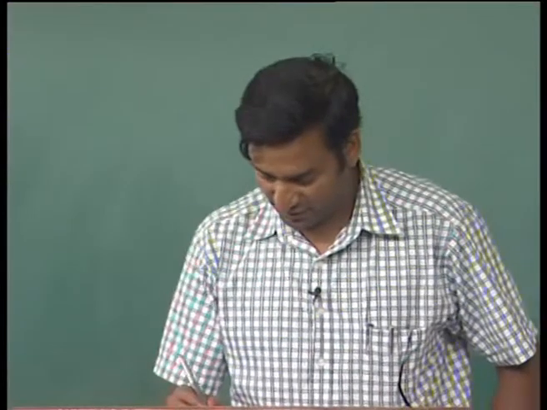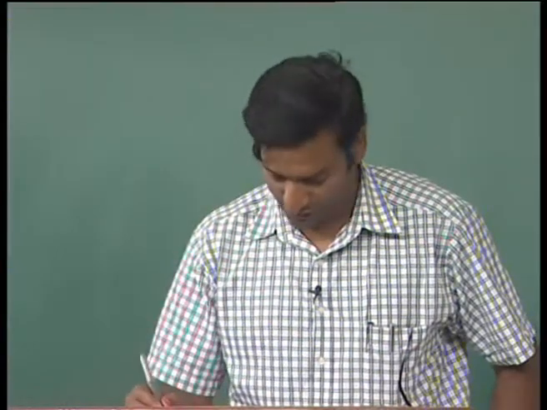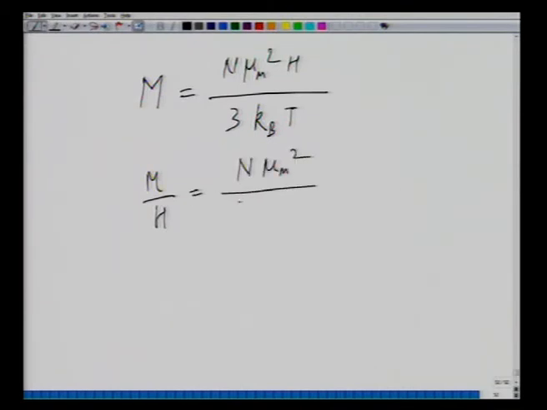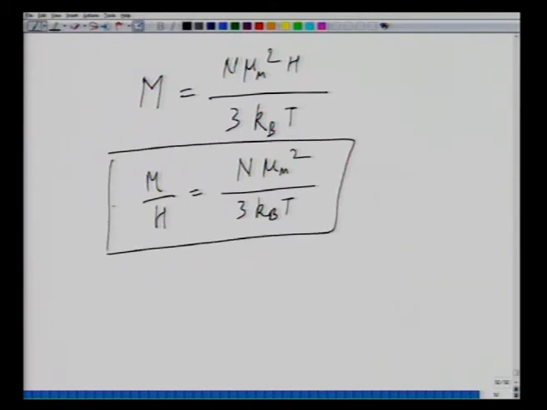As a result, M becomes equal to n mu m square H divided by 3 k B T, or rather M by H is equal to n mu m square divided by 3 k B T. This is the expression for chi para, which is nothing but your paramagnetic susceptibility.